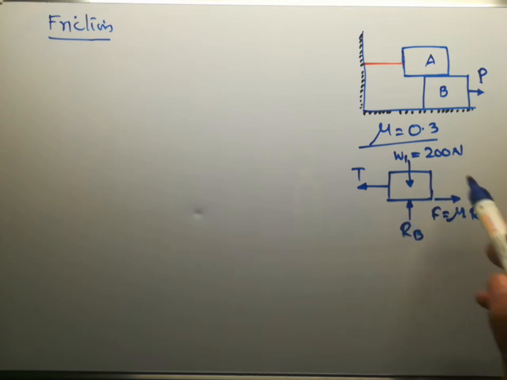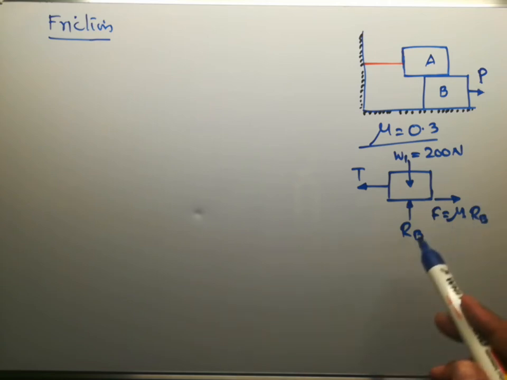Now, how is limiting friction coming into play? Because we are assuming that the magnitude of force P is just about to move block B. That means limiting friction is applicable, so F is equal to mu into RB.